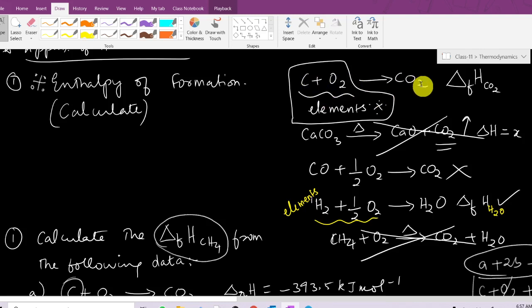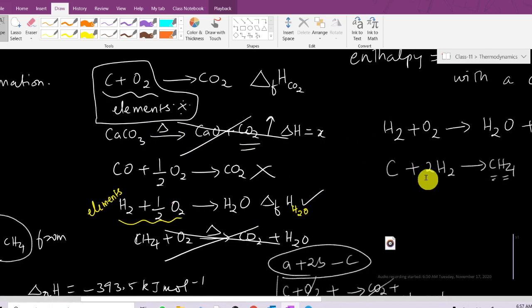Only the enthalpy change when a compound is formed from the elements it contains, we say that it is the enthalpy of formation. Other reactions we do not say. This we can calculate using Hess's law.